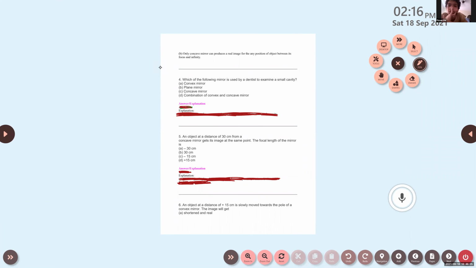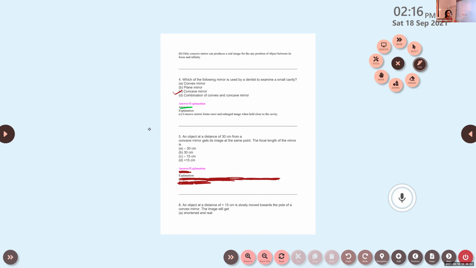Concave. Yes, concave. Very good. Concave mirror. The answer is option C. A concave mirror forms an erect and enlarged image when held close to the cavity. So this is one of the uses of concave mirrors. Concave mirrors can be used as shaving mirrors, dentist mirrors, headlights of cars, torchlight.